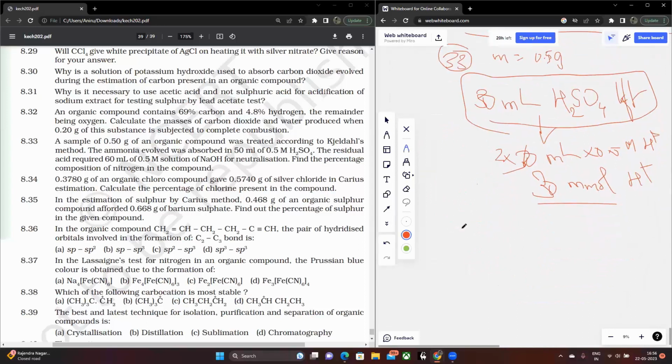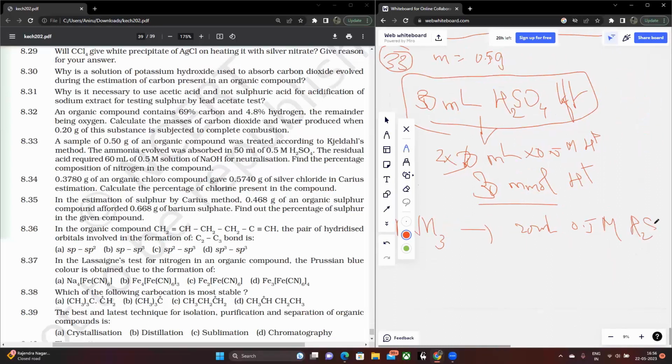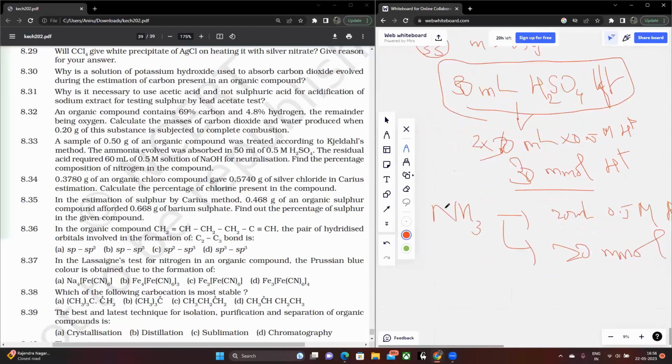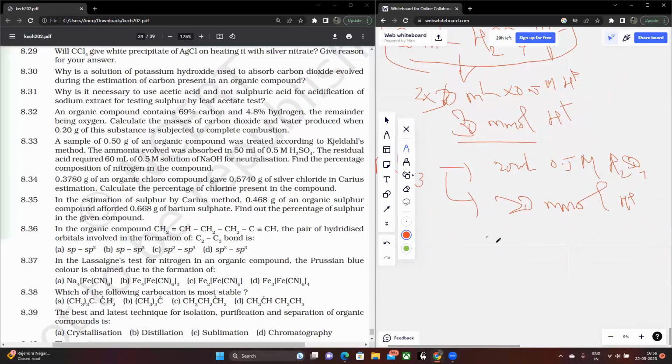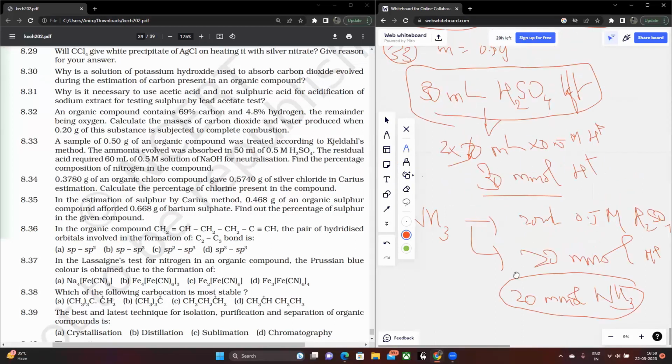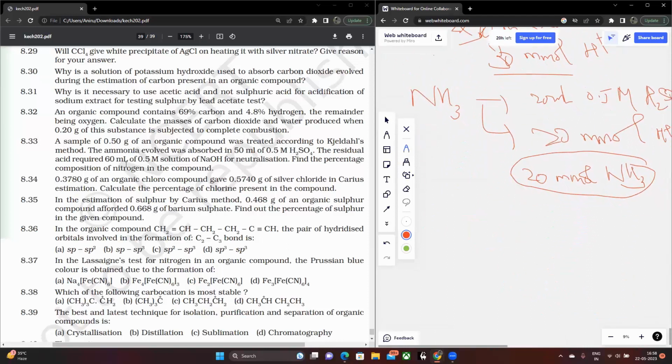Since there is 30 ml left, the ammonia dissolves in 20 ml of 0.5 molar H2SO4, right? So basically, this is 20 into 0.5 into 2, that is 20 millimoles of H plus. And since one NH3 reacts with one H plus, you have 20 millimoles of NH3 being produced, right?